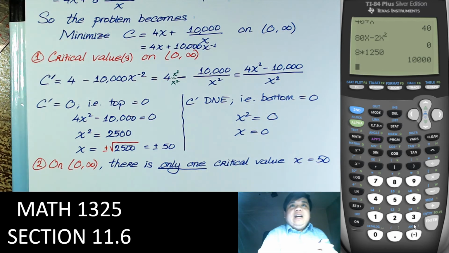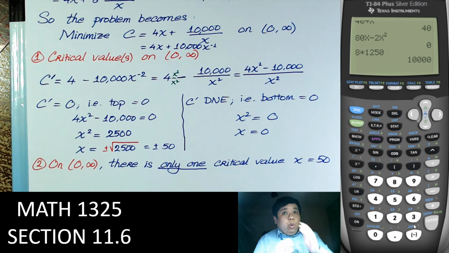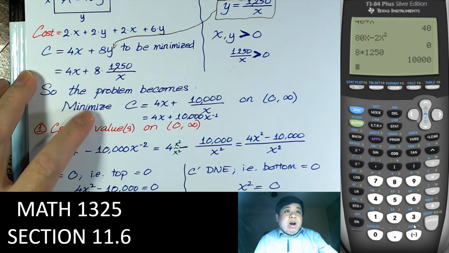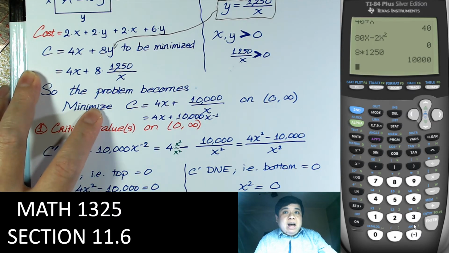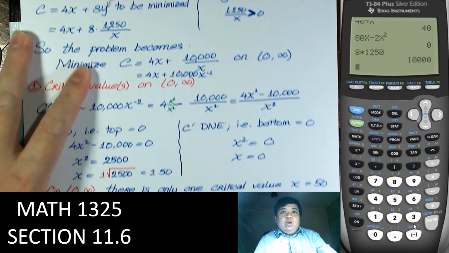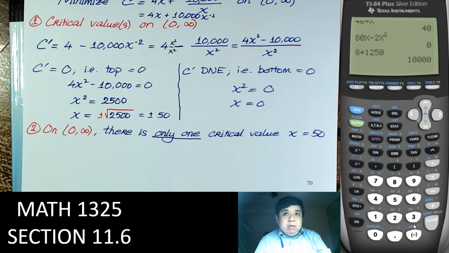Now, if this is the only critical value, we need to show that this is the local minimum. We're trying to find the absolute minimum value. So if we can show that it is a local minimum at x equal to 50, that is also the absolute minimum, right? Because when we have one critical value, the local is also the absolute, right?